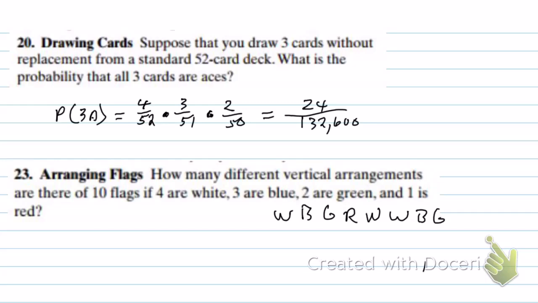What have I left out? 1, 2, 3, 4, 5, 6, 7, 8. We've got another white one. We've got another blue one. Let's suppose it just looked just like that. If I swapped this blue one for this blue one, are you going to be able to go, oh, you swapped flags? No. These are not distinct. One blue flag is just like the other blue flags.